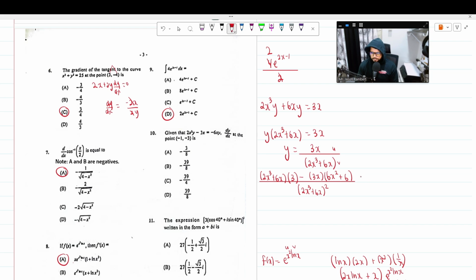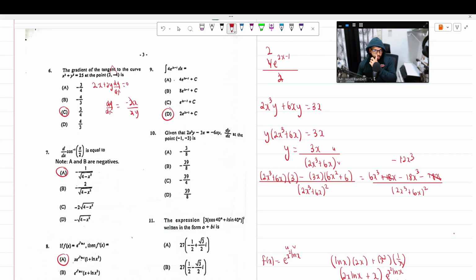Fixing up the numerator, I'm going to get 6x cubed plus 18x, take away 18x cubed, take away 18x. So the 18x and the 18x goes away. Minus, sorry, 6x cubed take away 18x cubed is going to give me minus 12x cubed over 2x cubed plus 6x all squared.